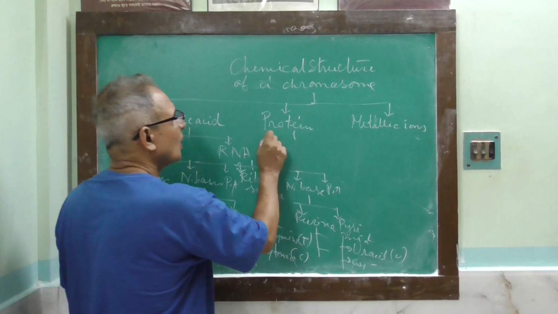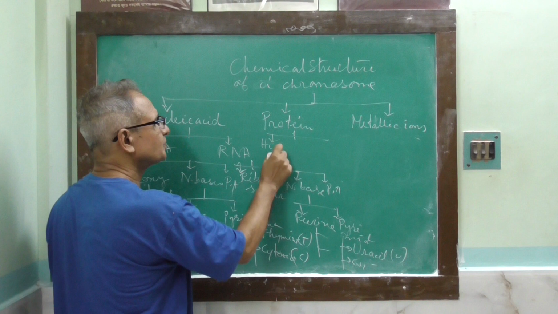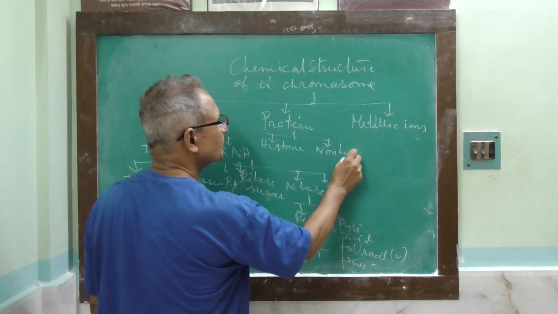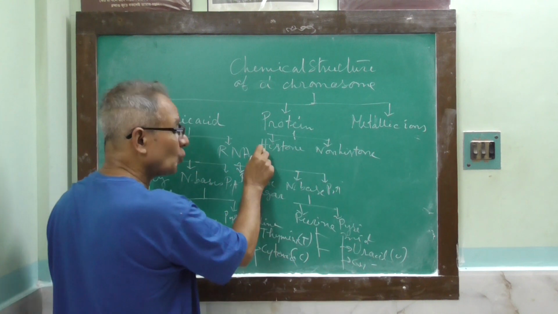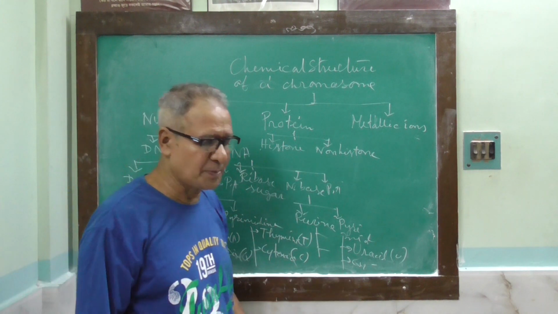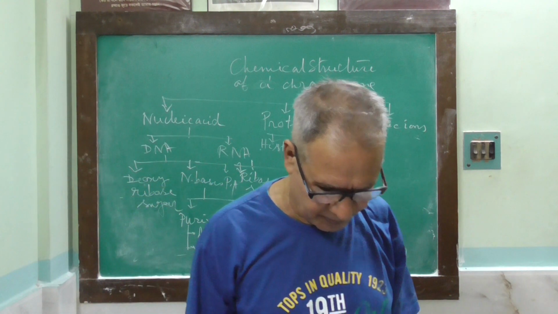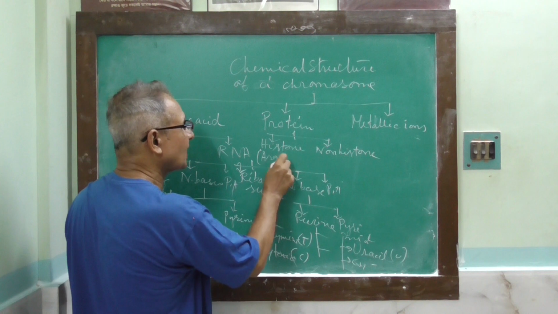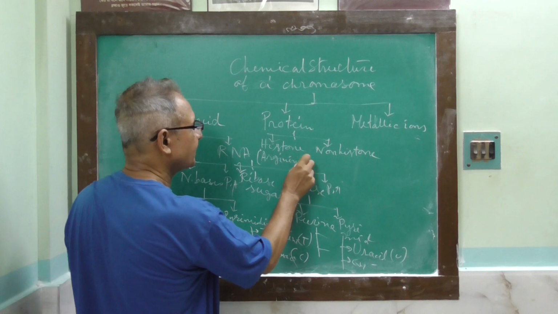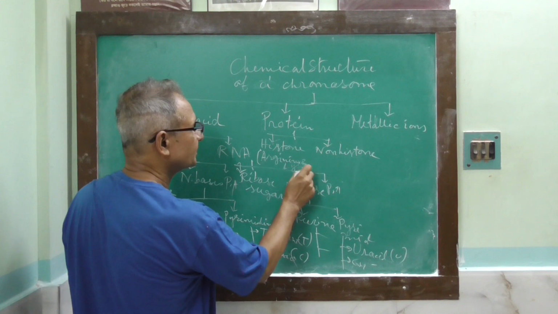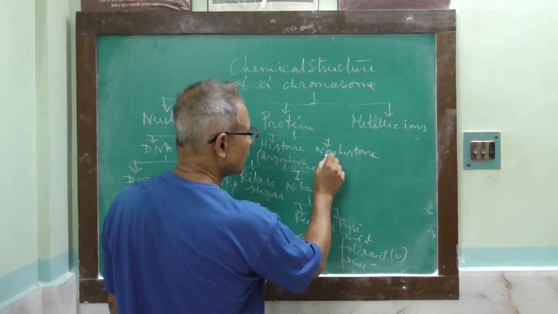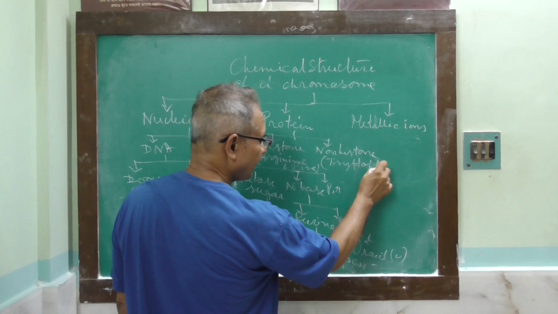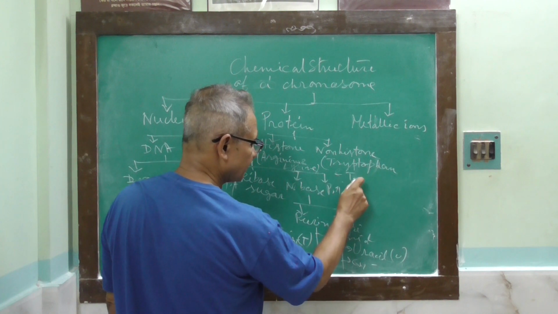And protein two types, histone and non-histone. The major amino acids which are present in histone protein are arginine and lysine, whereas non-histone protein has mainly tryptophan and tyrosine.